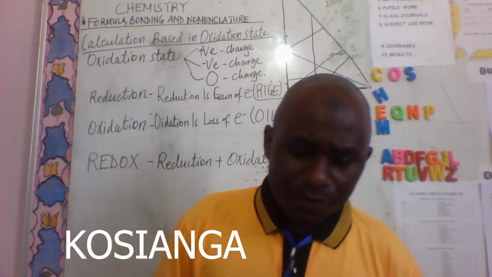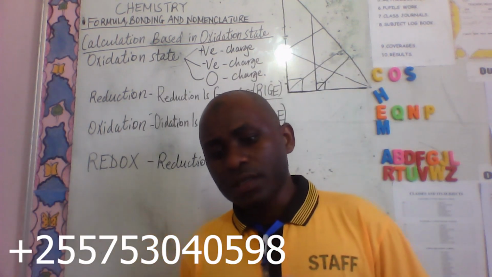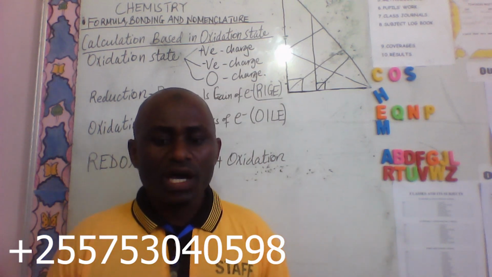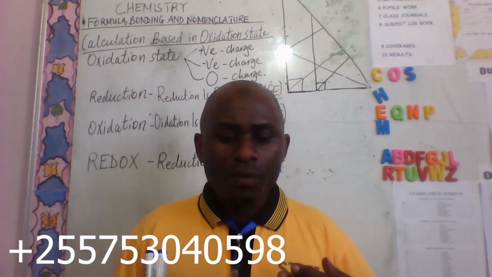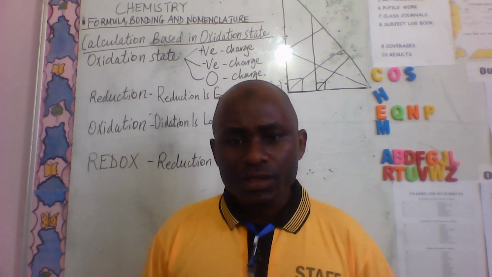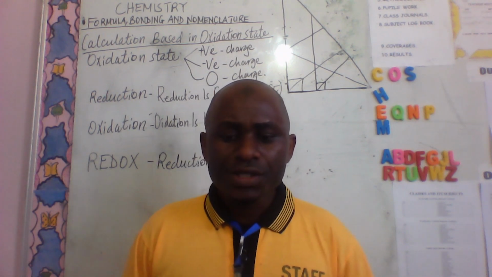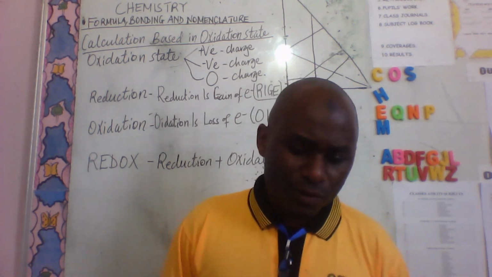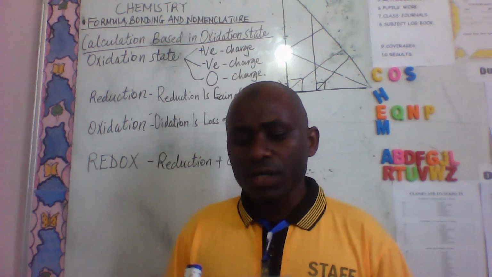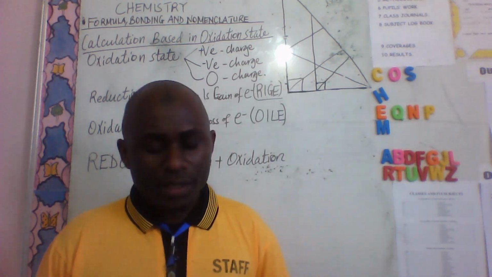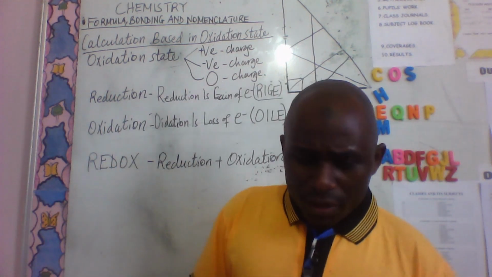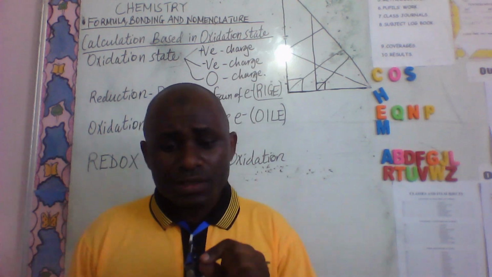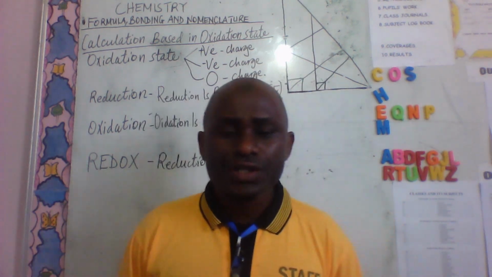Oxidation state is the number which tells us the number of electrons which a particular element has lost, gained, or shared on forming compounds. Oxidation state is also known as oxidation number. But this oxidation state sometimes can be neutral or charged.